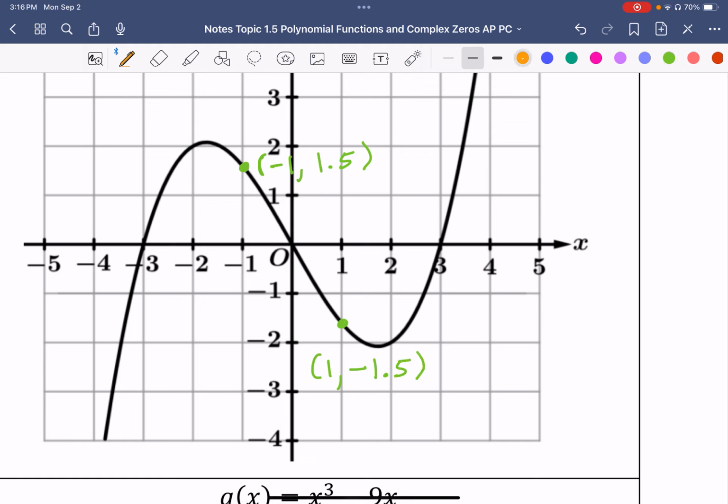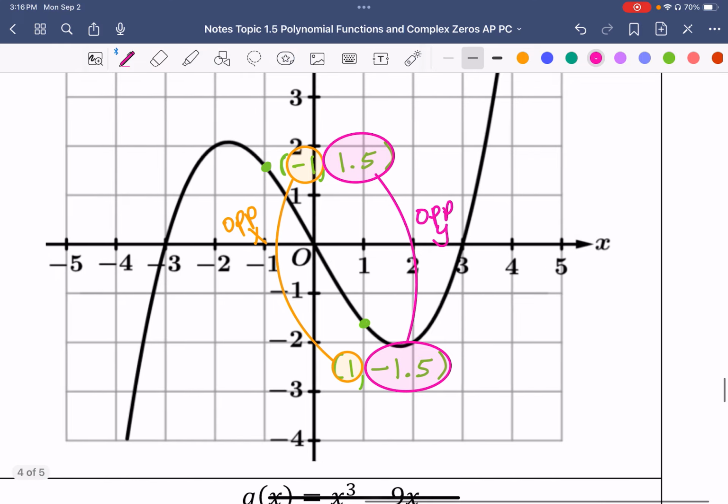Okay, so if I look at the x values, I went from a -1 to a +1. They're the same number 1, just that they are different signs. So my x values have opposite signs. And then for the y values, I went from a +1.5 to a -1.5. I still have the 1.5, it's just that now they are opposite signs. So the y value is also opposite.